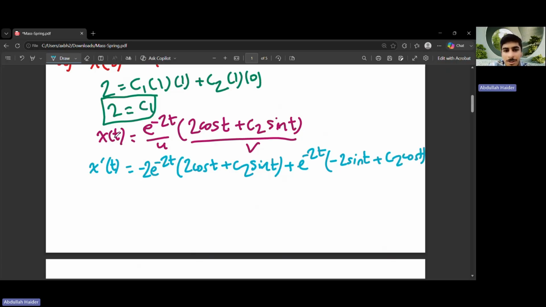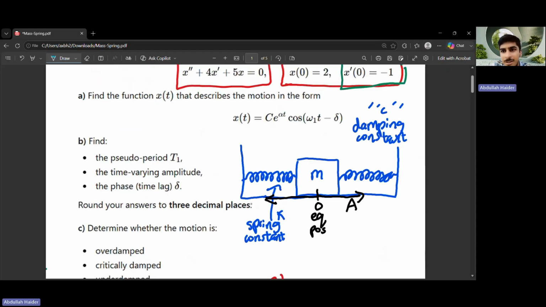Now you can substitute the initial condition, x prime of 0 is equal to 1.